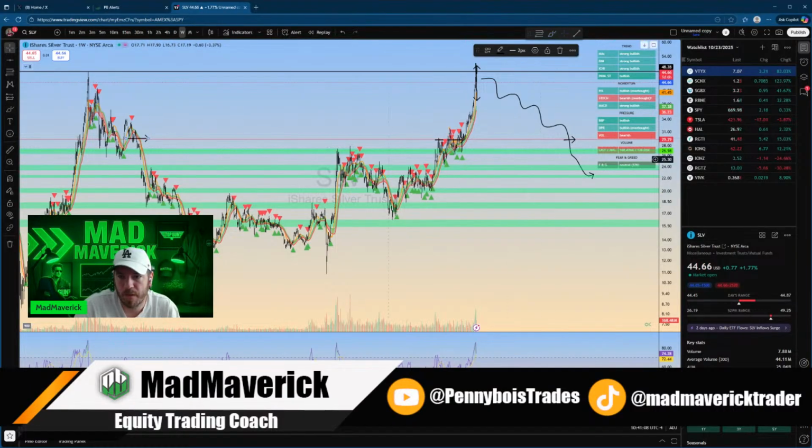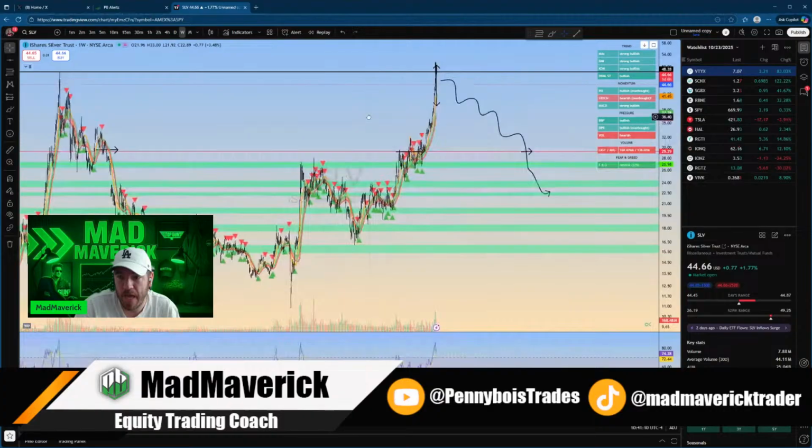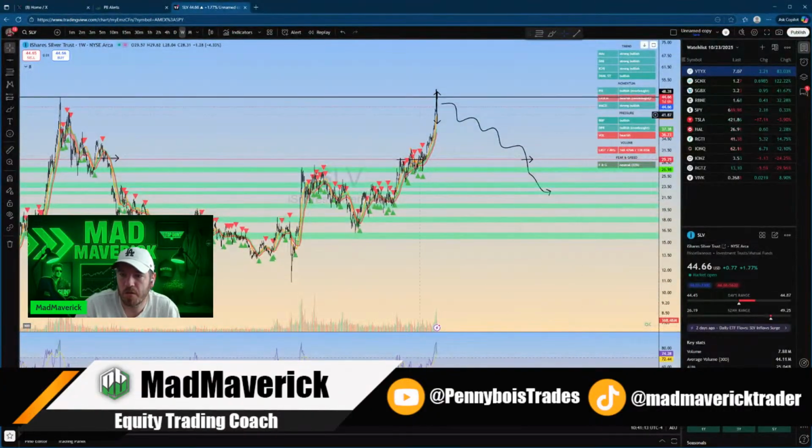So once we start rolling over, and maybe it's now, maybe it's tomorrow, maybe it's next week, then you can get option puts for next year, maybe end of next year, 12 months from now, and ride this wave down on silver to potentially even $30. If that holds, that's much better than where it went to last time around. And if it's in your favor, you can just adjust your stops. Once it falls down, you can follow up behind with a stop to protect your profits, and everything's good for you.